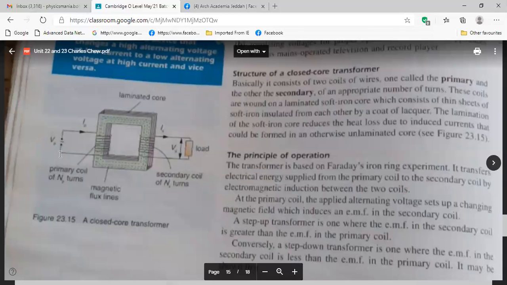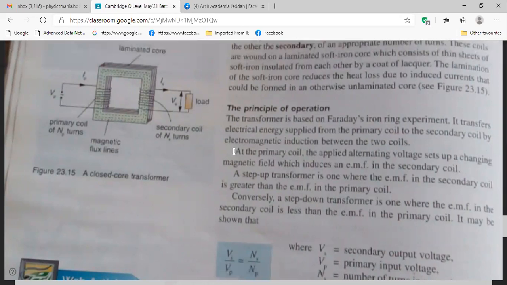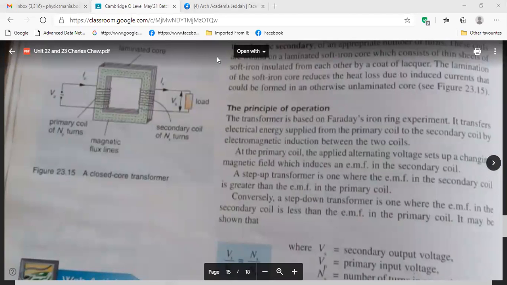Then if you are done with that labeling, then you write from here at the primary. From here till here you write.